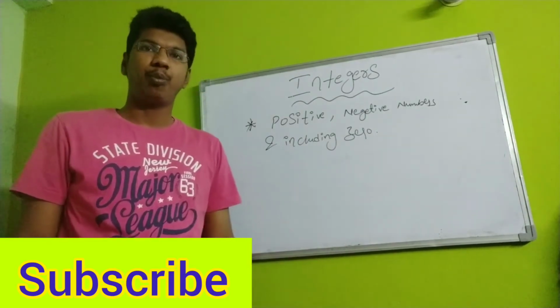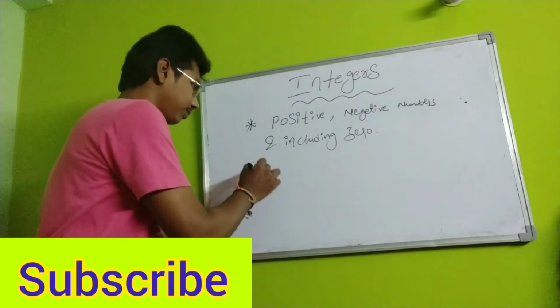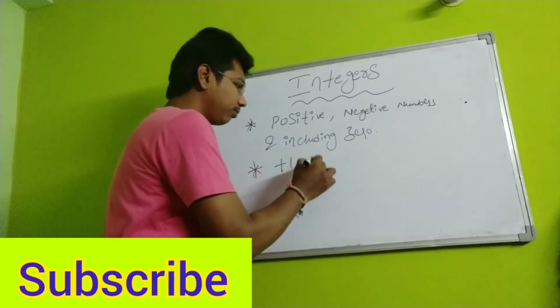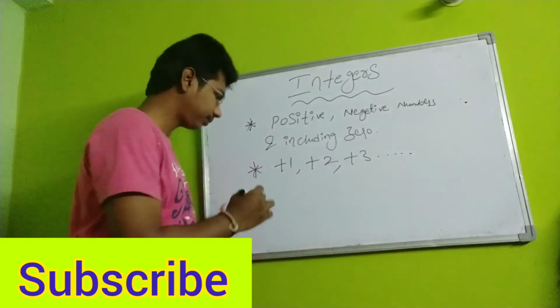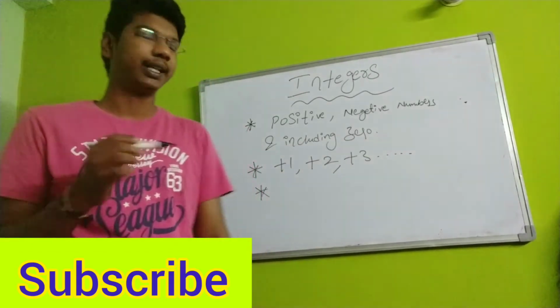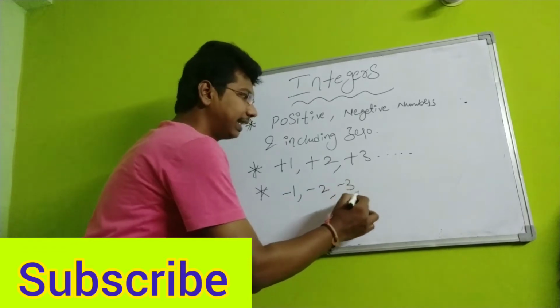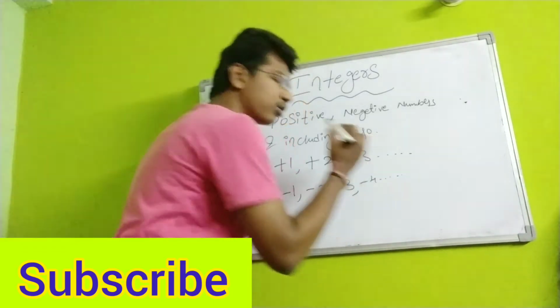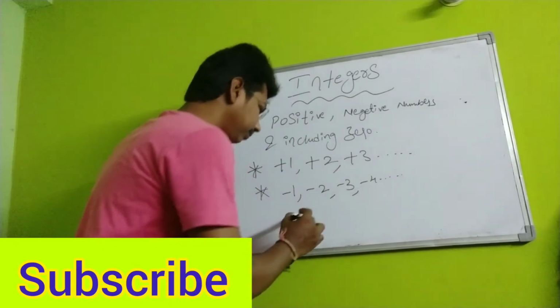Here positive numbers are nothing but plus values: plus 1, plus 2, plus 3, and so on. And the negative numbers are nothing but minus values: minus 1, minus 2, minus 3, minus 4, and so on, and including 0.